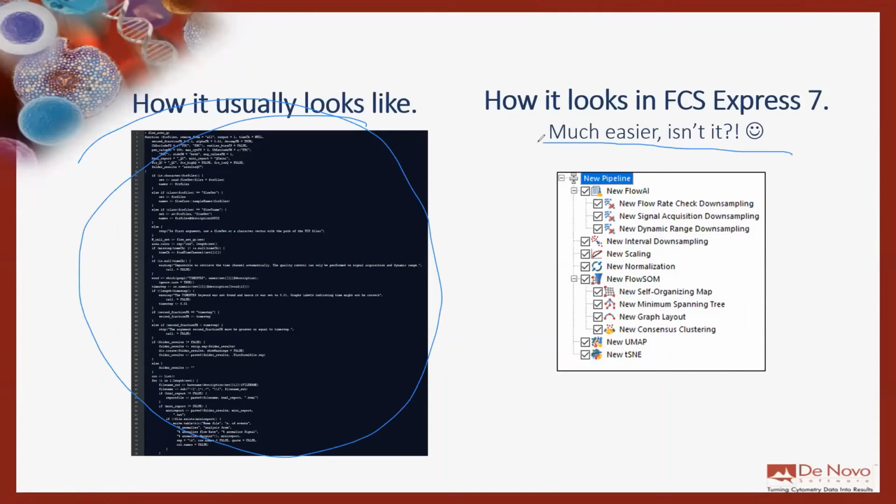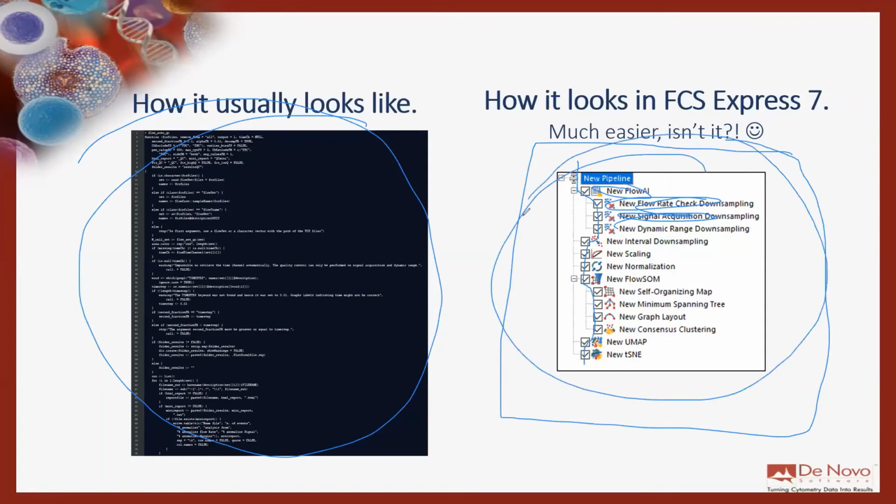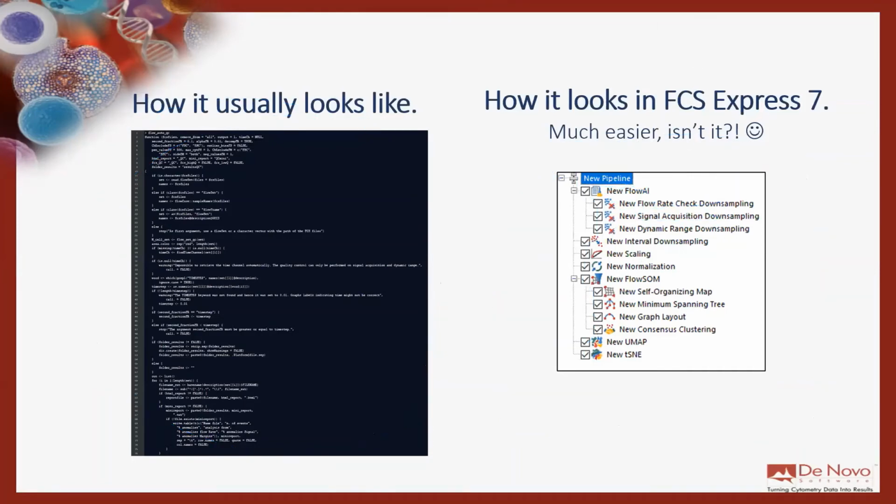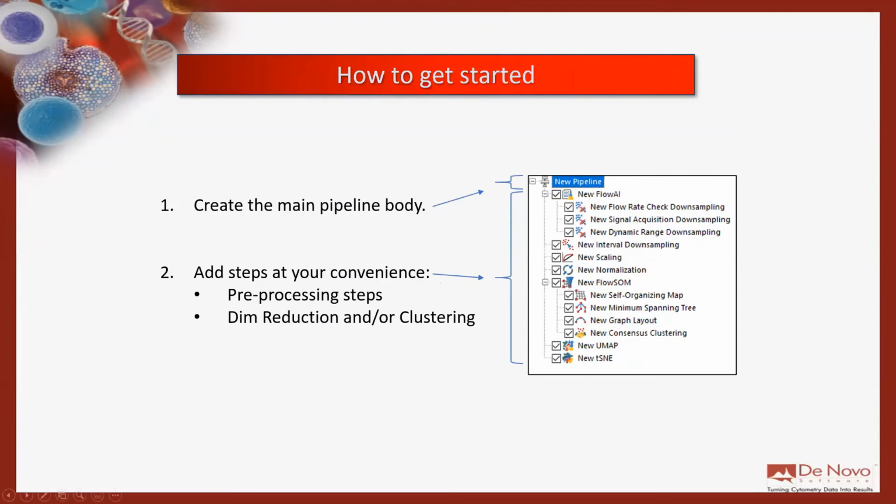So now pipelines in FCS Express look like this. Those are all the building blocks. And the pipeline is executed step by step. And this combination of steps is done by you. So this is what we are going to do in the next few minutes. If you have any questions, just let me know. What we will do is first create the pipeline, meaning what we call the main pipeline body.